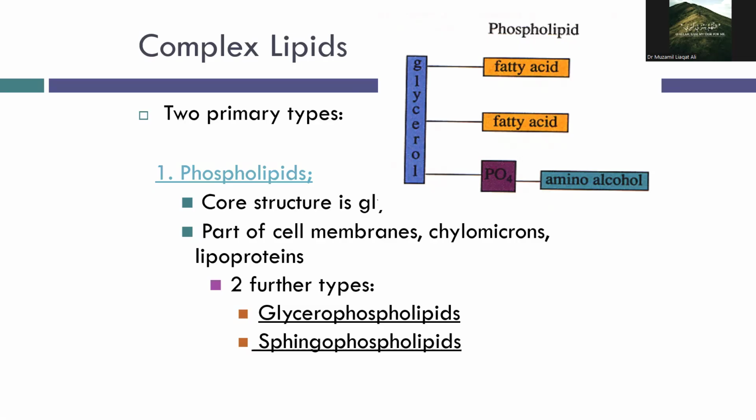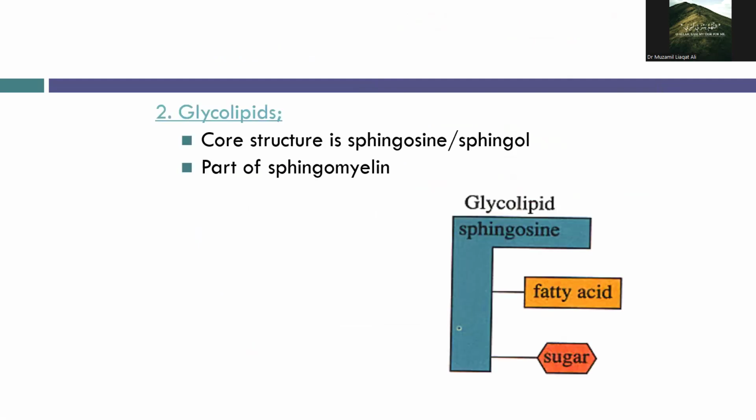In case of glycerophospholipid, the backbone is the glycerol, while in case of sphingophospholipid, the backbone is sphingosine, as we've seen in the sphingomyelin. While in case of glycolipids, the core structure is the sphingosine.